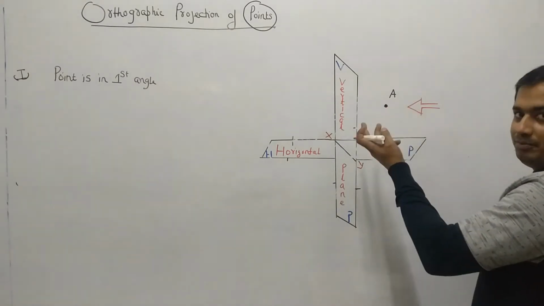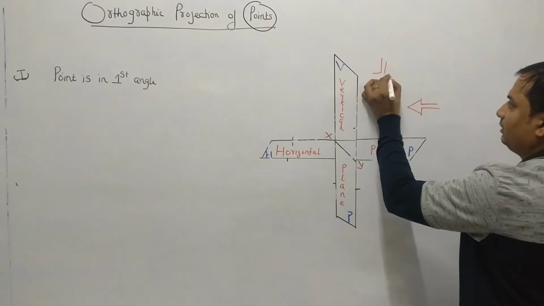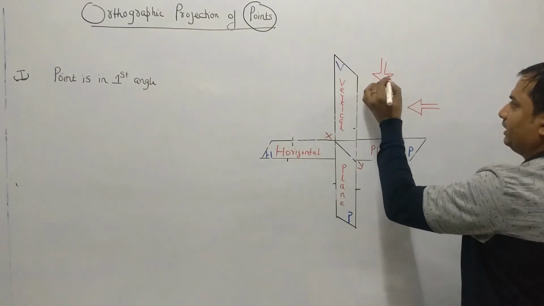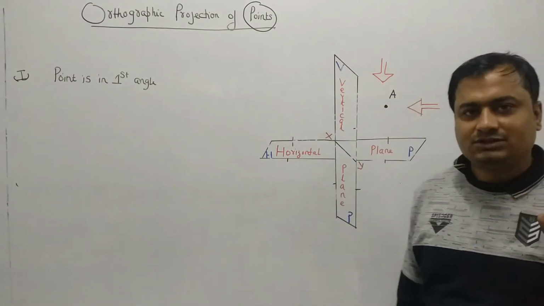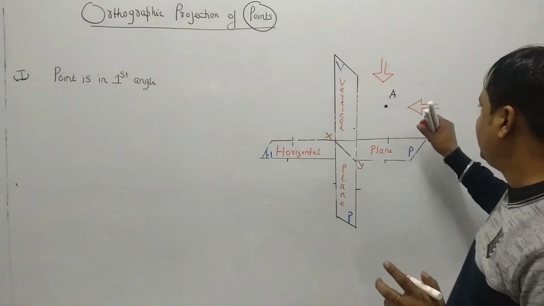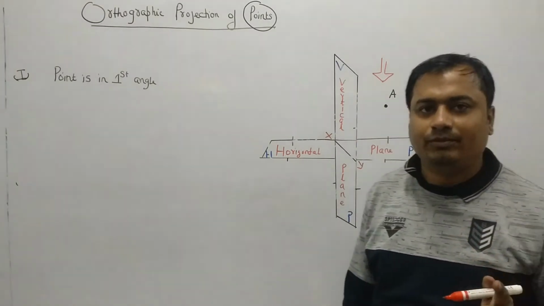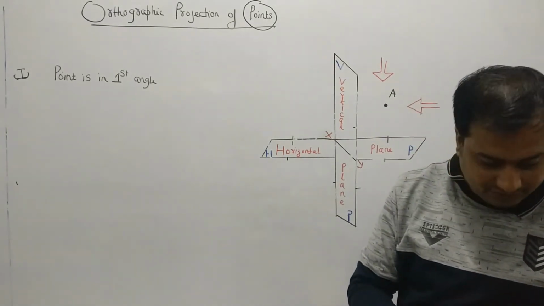To see the top view, the observer should be located here, from the top. So these are my observers. So the first requirement is the object, that is the point. Second is the observer, and the third is the location of the point. The point is lying on the first angle. So all three requirements we have fulfilled.